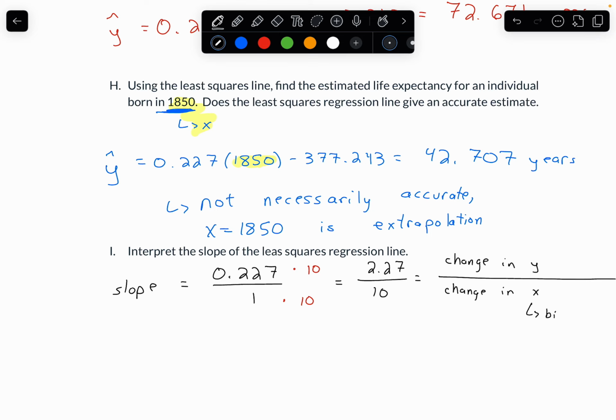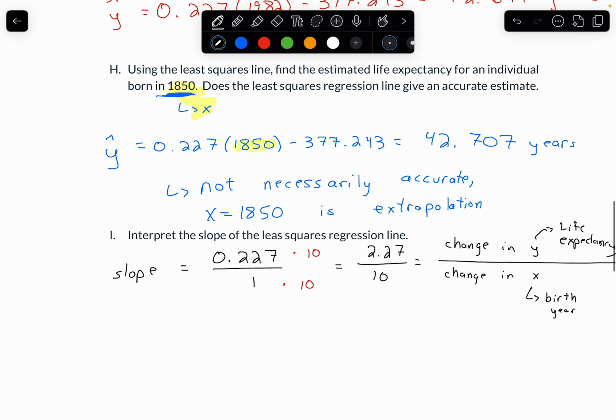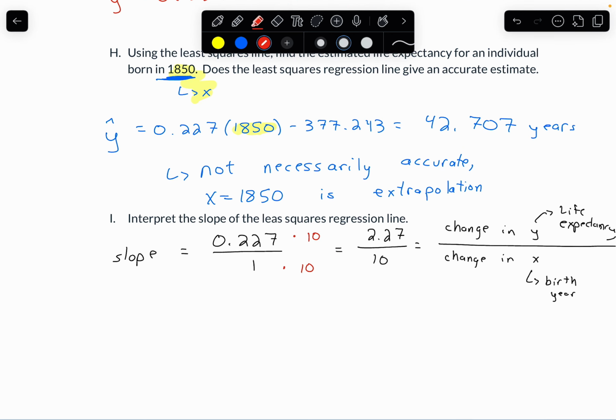X was your birth year, and y was the life expectancy. So what this tells me, when I'm interpreting slope, I'm always going to start by talking about the change in x first. So this says if x were to increase by 10 years, if someone was born 10 years later.